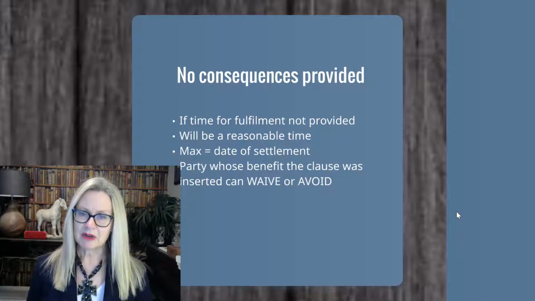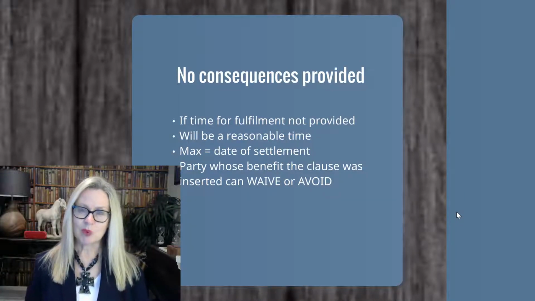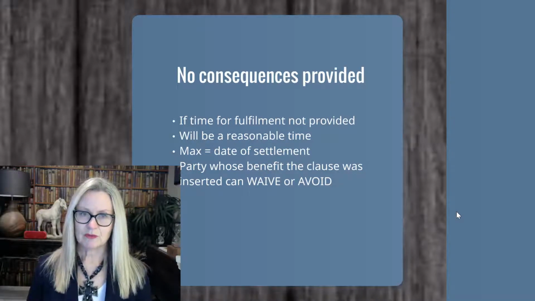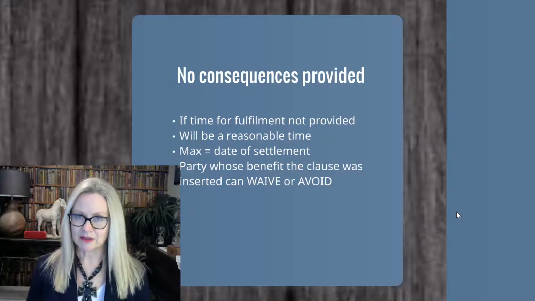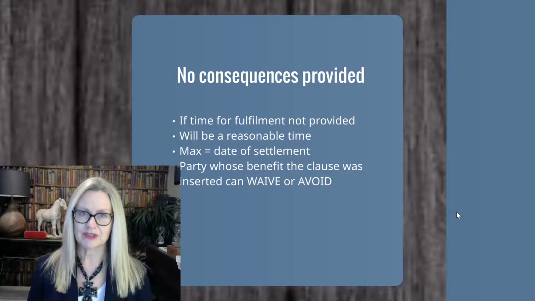The party whose benefit the clause was inserted for will have the right to waive or avoid that contract at that point in time. So a little murkier, but at the very latest it's going to be the date of settlement that the party whose benefit the clause was inserted for can waive or avoid the contract itself.